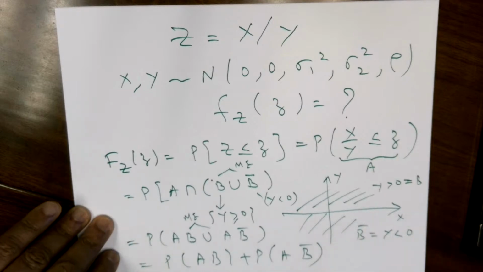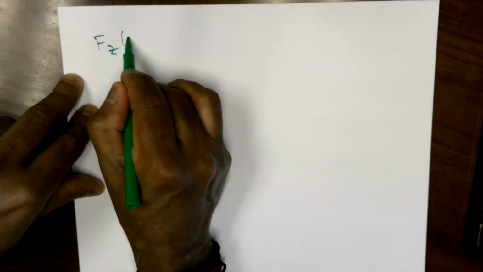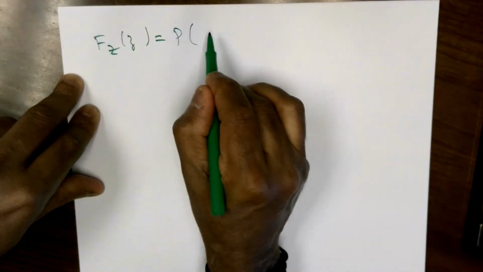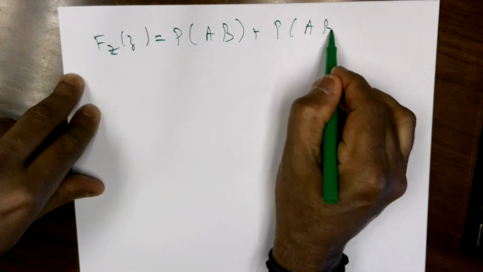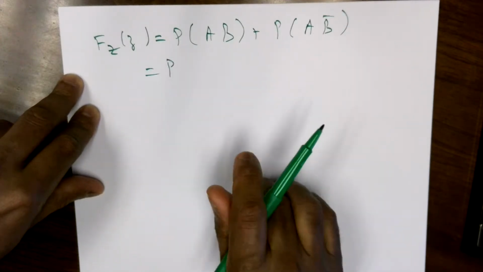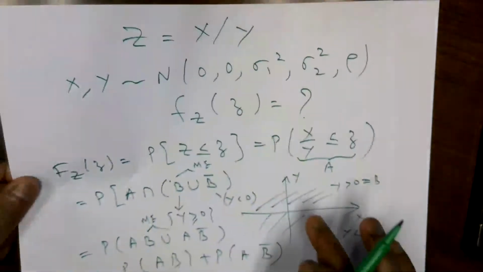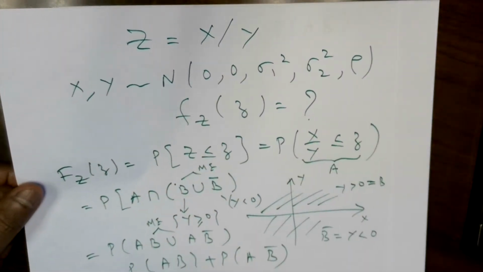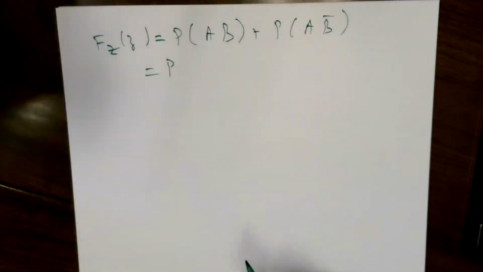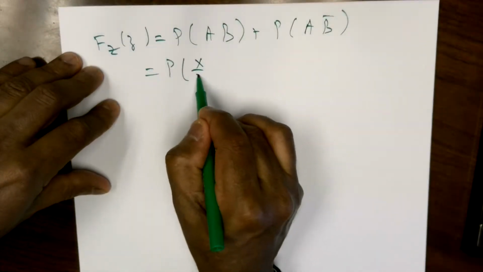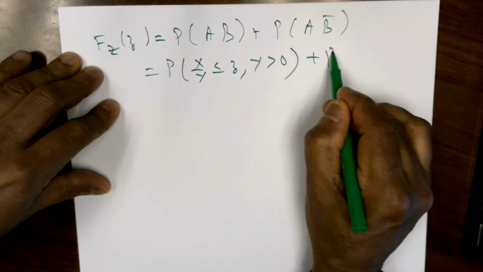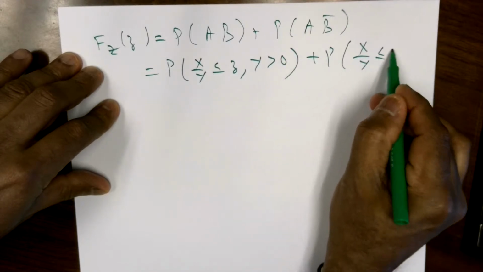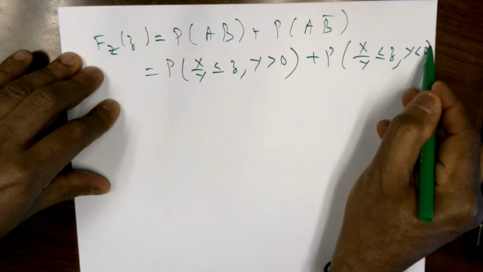So let's write all this a little more. So F_Z(z) is the probability of AB plus the probability of AB bar. And I'm going to substitute for A and B now. A is X over Y less than or equal to z, and B is Y greater than 0. So this is the probability that X over Y is less than z with Y positive, plus the probability that X over Y is less than z with Y negative.